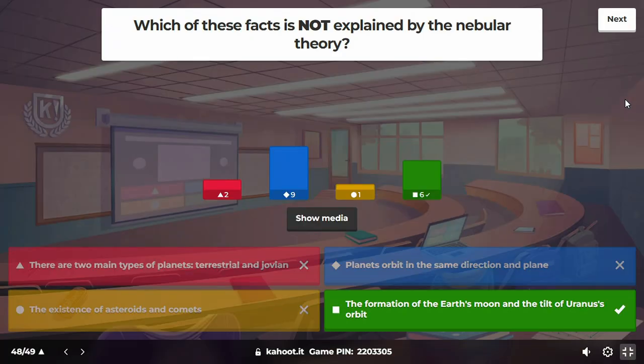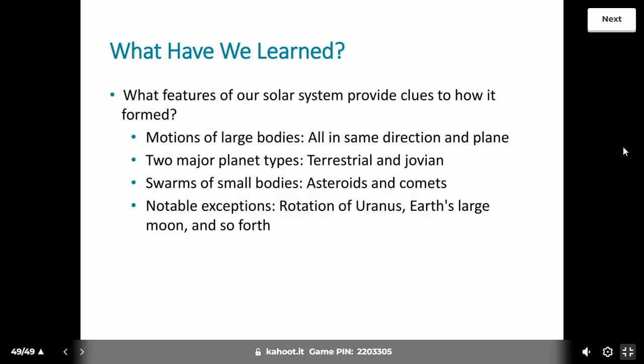Yeah, so we have to add the collisions of planetesimals in order to explain the formation of Earth's moon and the axial tilt of Uranus.